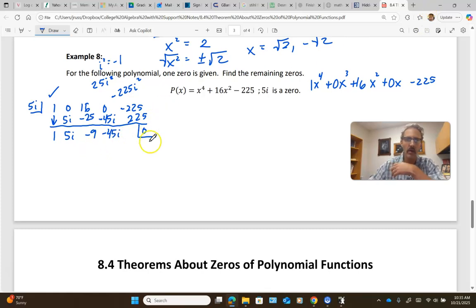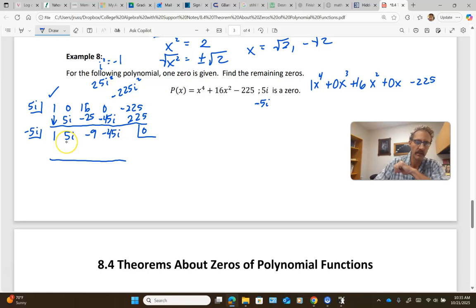And so what we can do is verify that -5i is a zero, because we know these come in pairs. We can go ahead and do synthetic division with this cubic factor that's left over here. So you just turn around and use those resultant coefficients to perform another round of synthetic division.